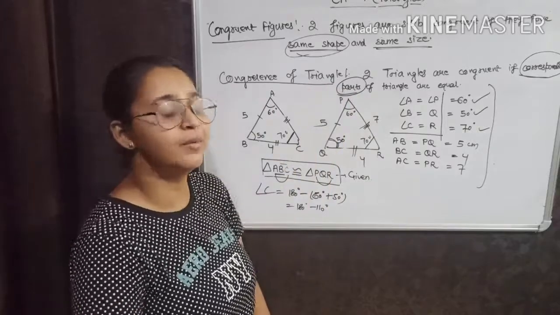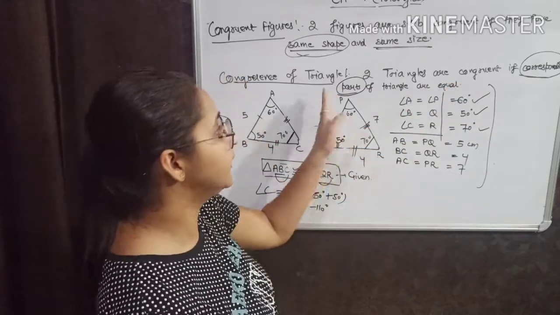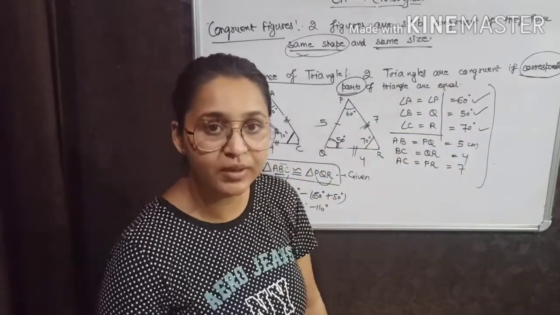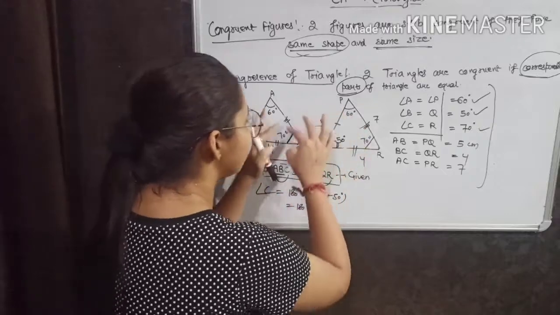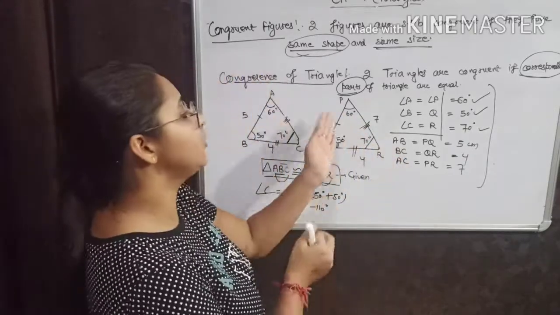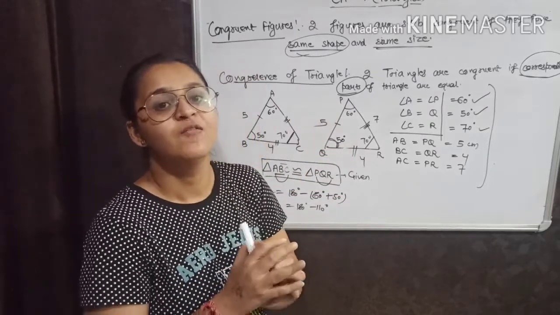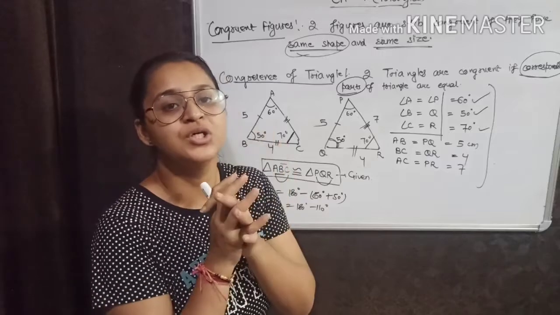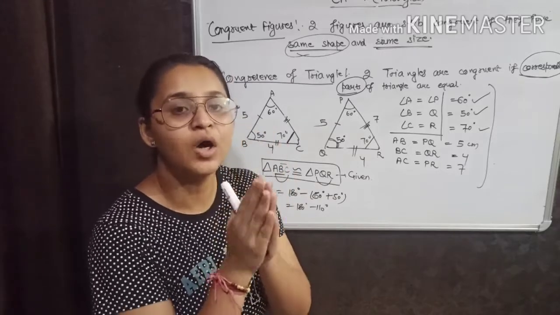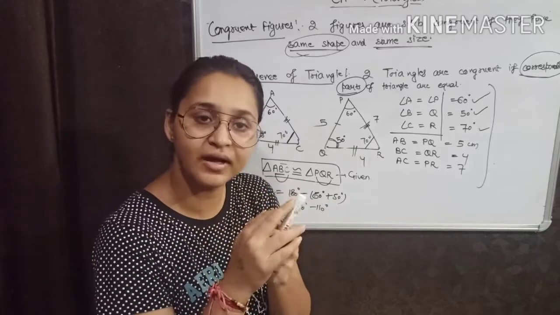Just remember, if two triangles are given to be congruent, then their 6 corresponding parts will be equal. And if all of the 6 corresponding parts are equal, then the two triangles will be congruent. This is the general methodology to determine how two triangles are congruent, and what the relation is when the triangles are congruent.